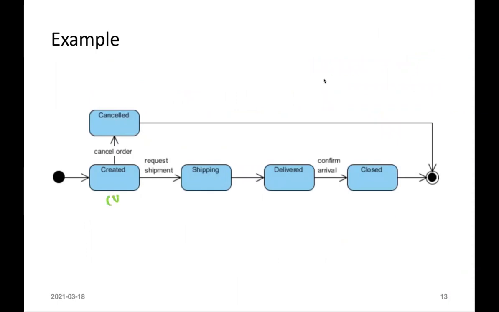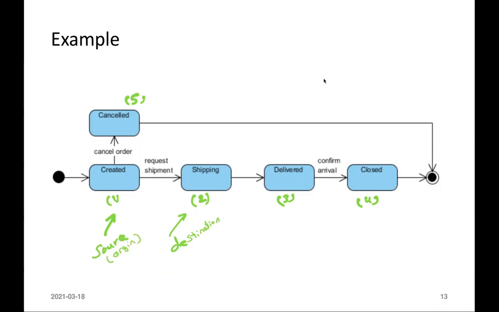I'm going to call this 1, 2, 3, 4, and 5. This is a source state, and at this point, this is a destination state. Sometimes we call it source or origin state.